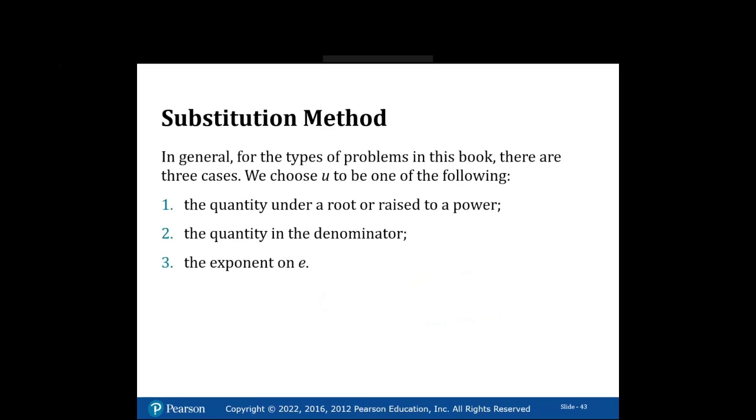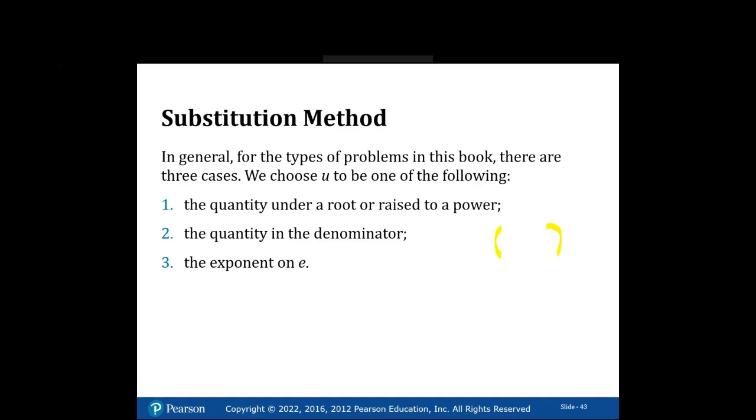So if you see anything with parentheses, good chance your u is going to be inside those parentheses. And you'll always know if you got it right or not because you'll see that derivative inside. If you don't see the derivative, then you chose something wrong.